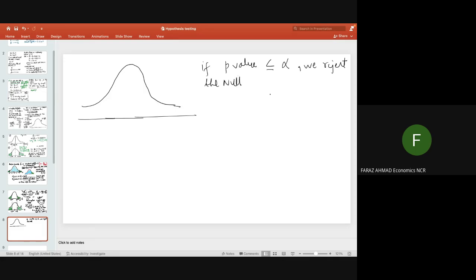We know null is beta 2 is equal to 0, and alternative hypothesis is beta 2 is not equal to 0. So if p-value is less than or equal to alpha, we reject the null. And what is alpha? Alpha is the level of significance.